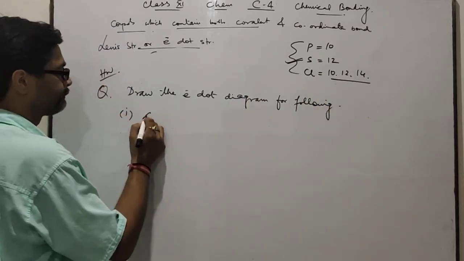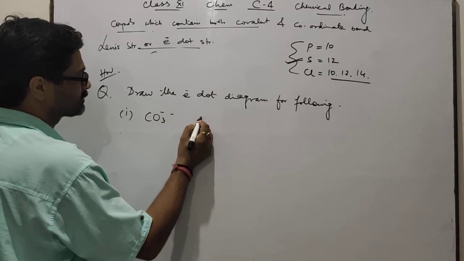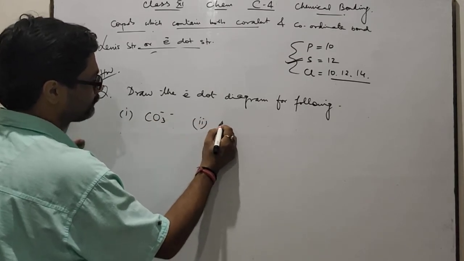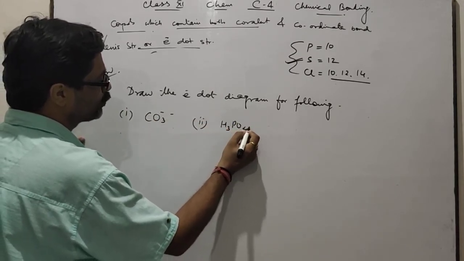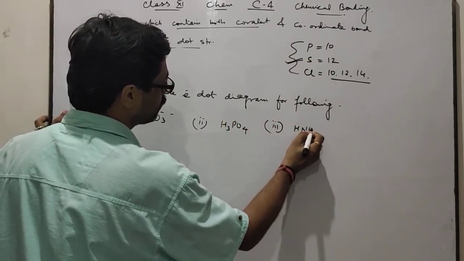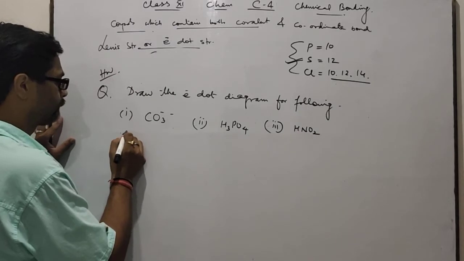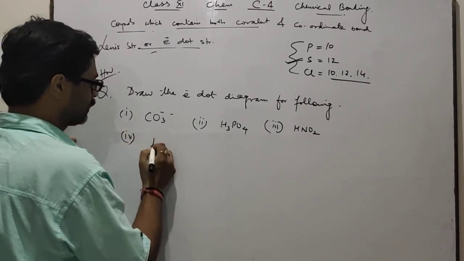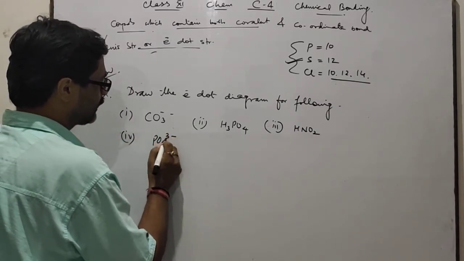First, CO3 2 minus. Second, H3PO4. Third, HNO2. Fourth, PO4 3 minus.